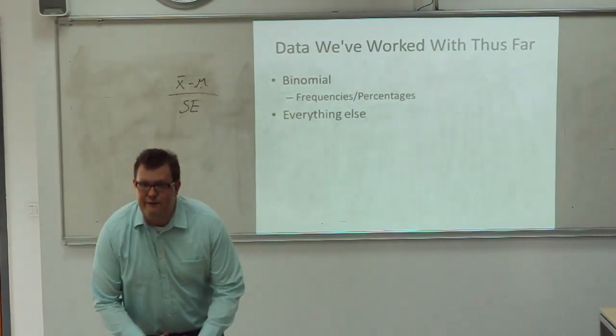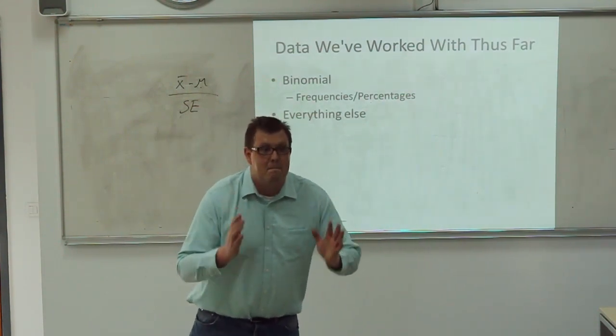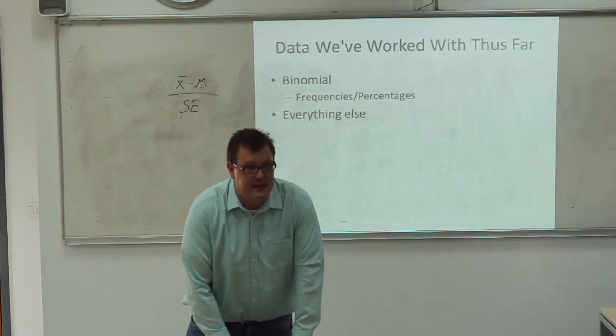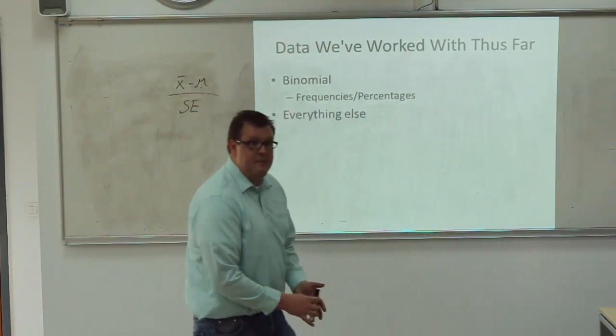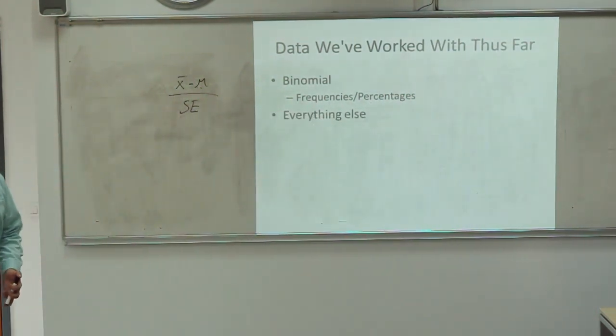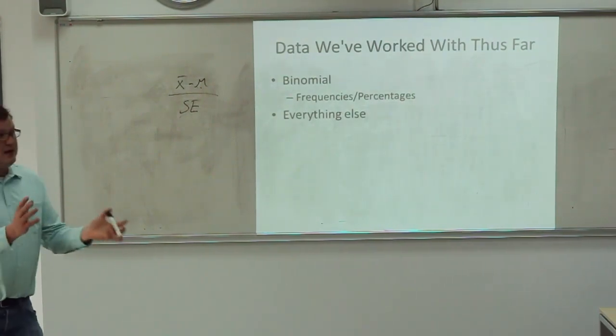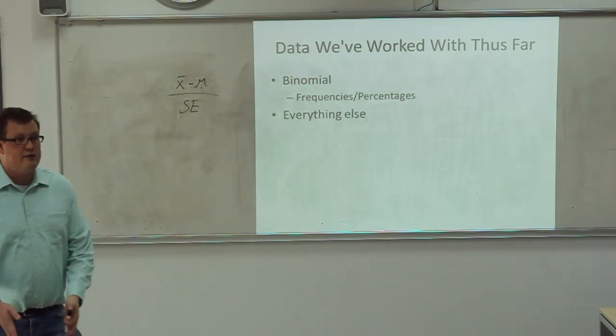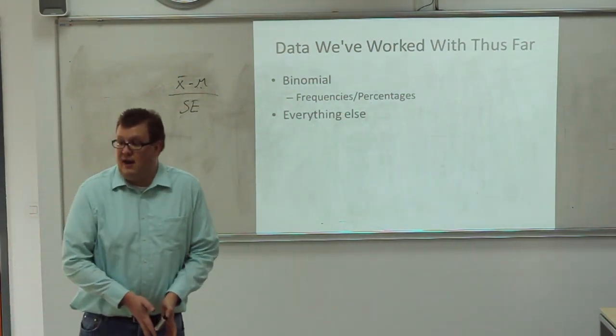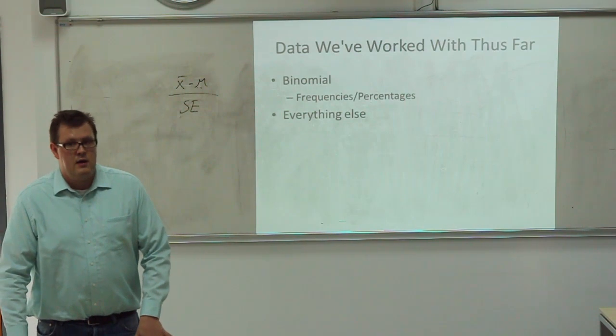We are interested in the difference between means. That's what we did with one-sample and two-sample t-tests, right? Is there a difference between these means? Is there a difference from this mean from the hypothesized population mean?